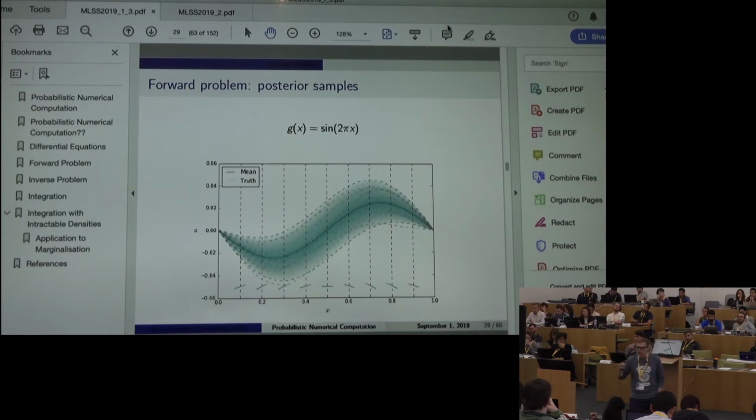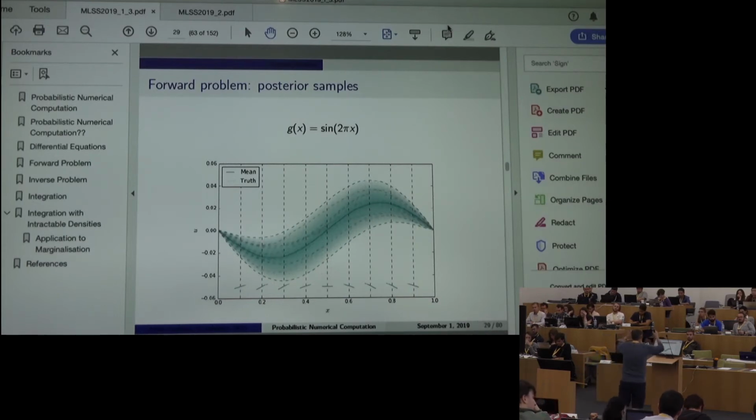It is the posterior probability distribution over the values of the functions at any particular points. That gives a far richer representation of a numerical solution because of the probabilistic semantics associated with that. So that's the forward problem resolved.